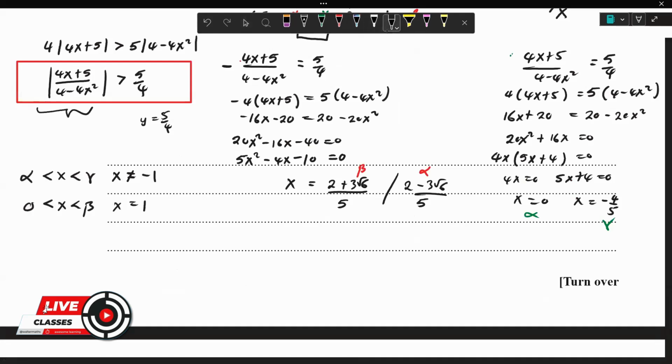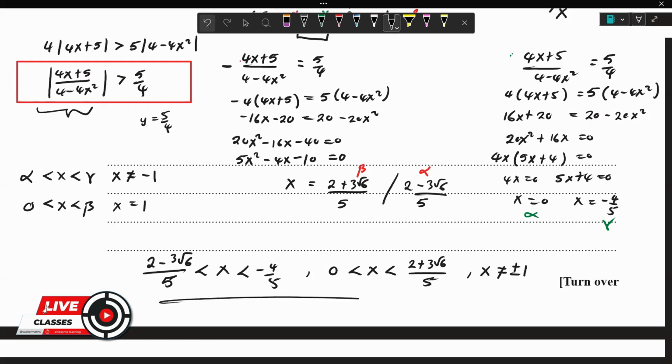We can say alpha is that, so it's 2 minus 3 root 6 over 5 to minus 4/5, and 0 to beta, 2 plus 3 root 6 over 5. And then x is not equal to plus or minus 1. So this becomes the solution.